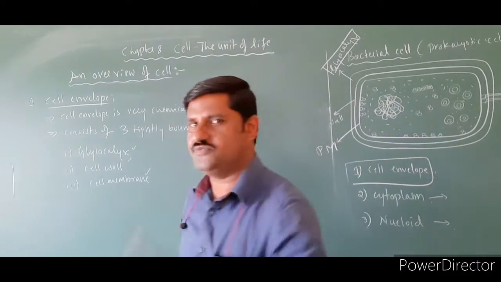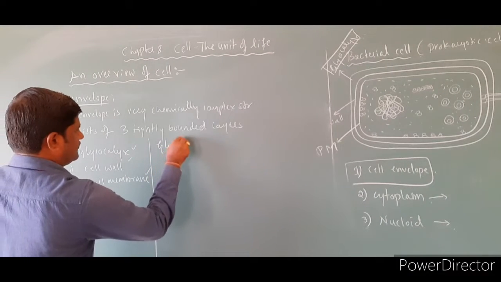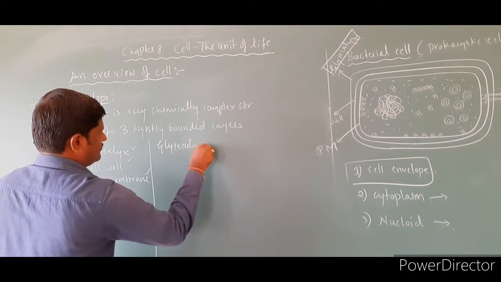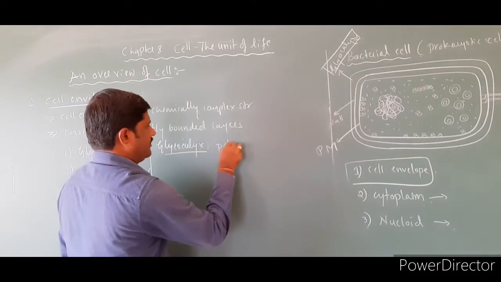Let us start with the first one, that is the glycocalyx. It is a kind of polysaccharide layer.